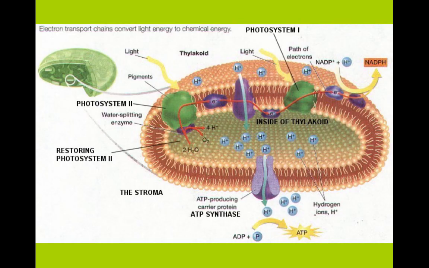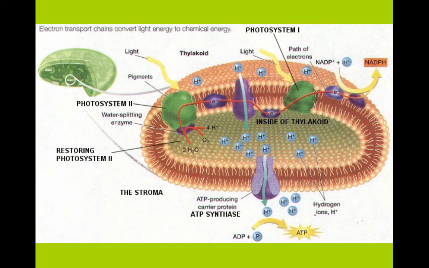Alright, so we're back to our picture. So it makes a little more sense now because the big green blob in the left corner is splitting that water. Okay? And so the oxygens are going to get released. The hydrogens again are going to be pumped into the inside of the thylakoid membrane, where they create a concentration gradient and come out through the channel protein that is ATP synthase.